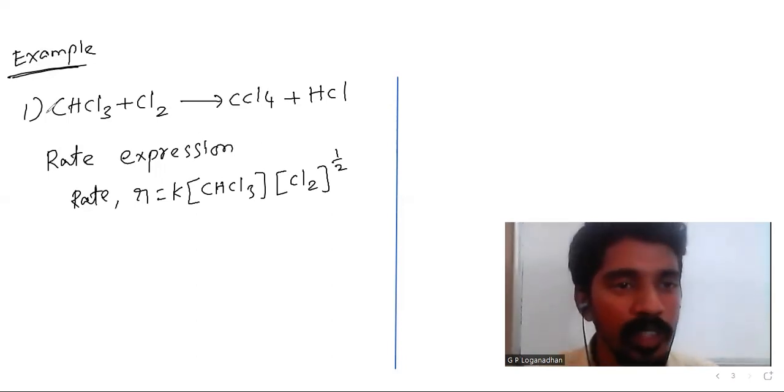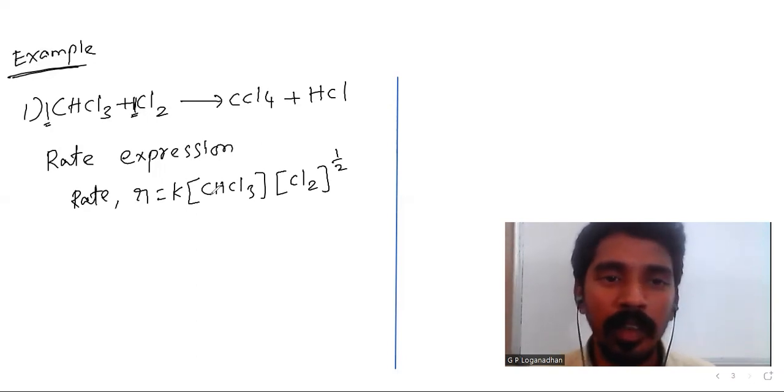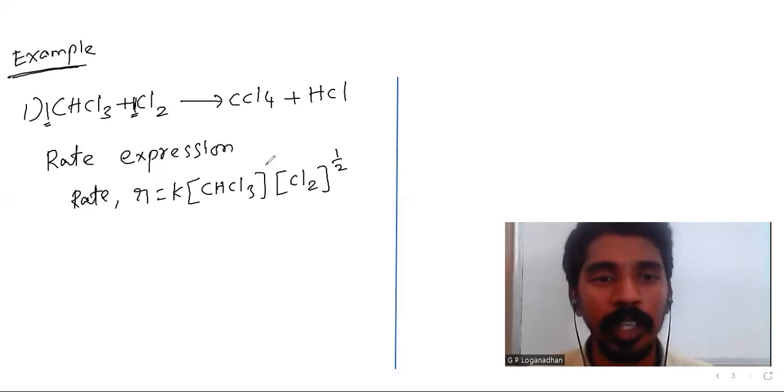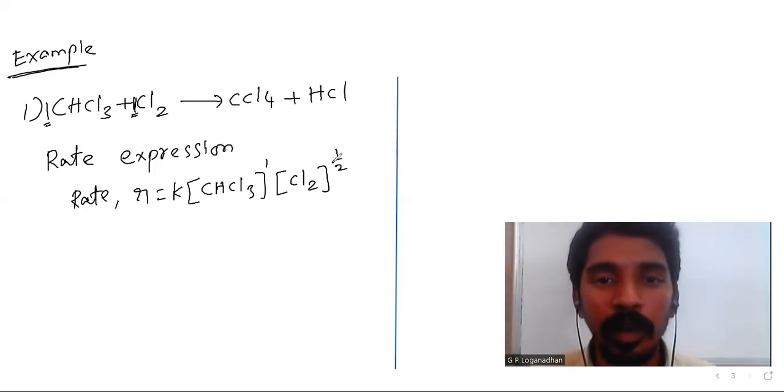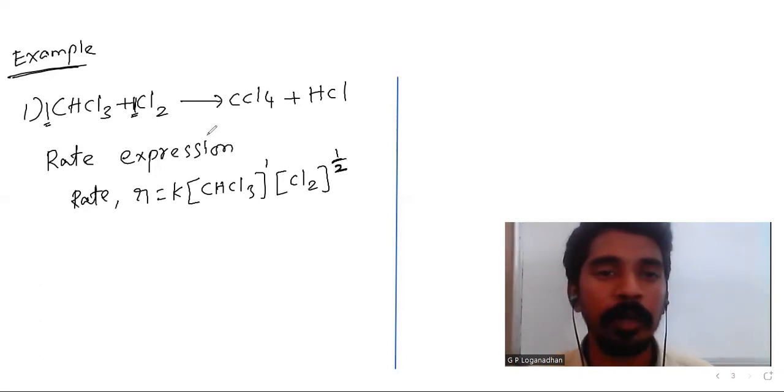Here the coefficient of CHCl3 is 1. The coefficient of Cl2 is also 1. But when you are writing the rate expression, you are taking the power of CHCl3 as 1 and Cl2 power as 1 by 2. This is completely based on experimental values.